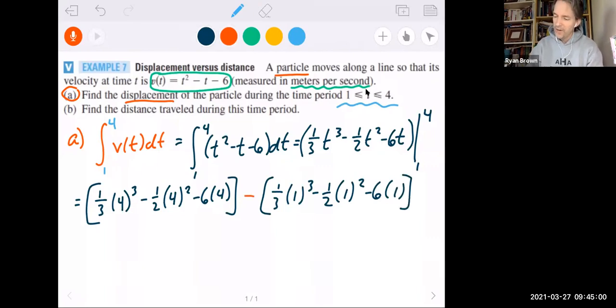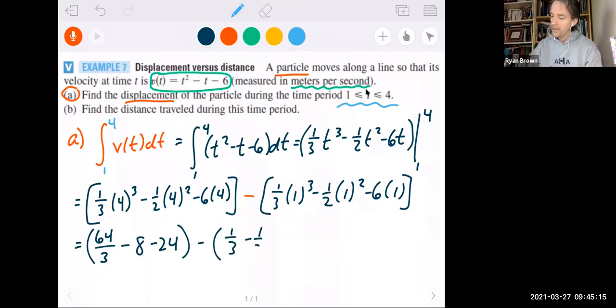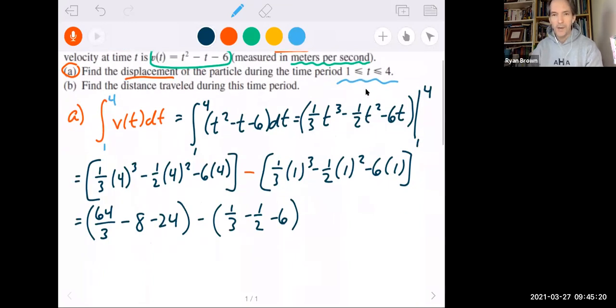All right, so we got some annoying fractions, but we can do it. We get 64/3 minus 8 minus 24 there. And then over here we have minus 1/3 minus 1/2 and minus 6. Looks like we're going to have to find common denominators with 6.